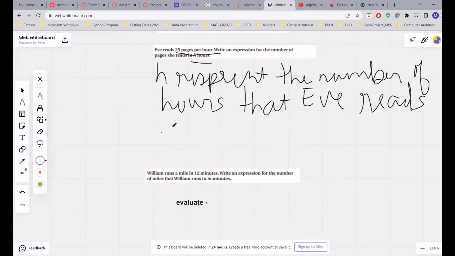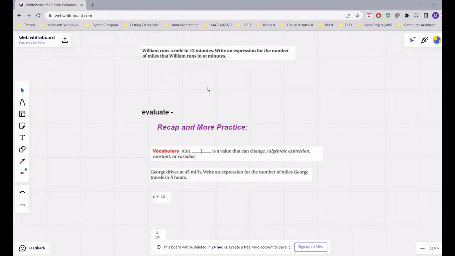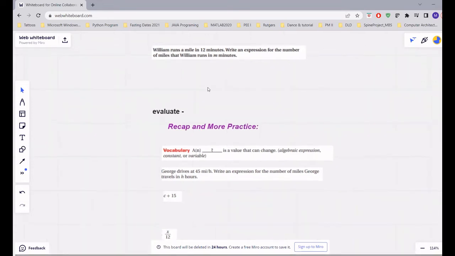Now let's move on to the next example. William runs a mile in 12 minutes. Write an expression for the number of miles that William runs in a minute. Let's think. How many groups of 12 are in M? I didn't mean to do that.